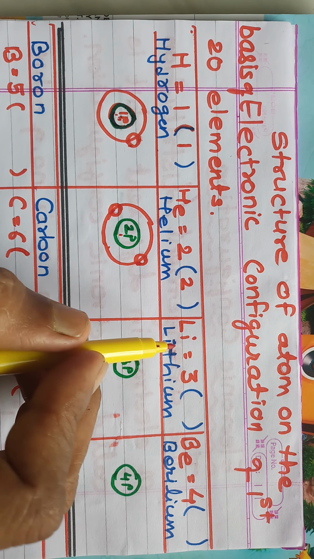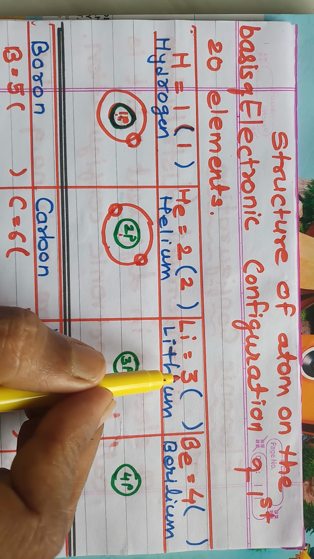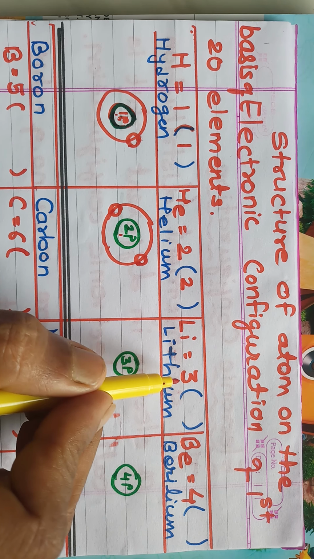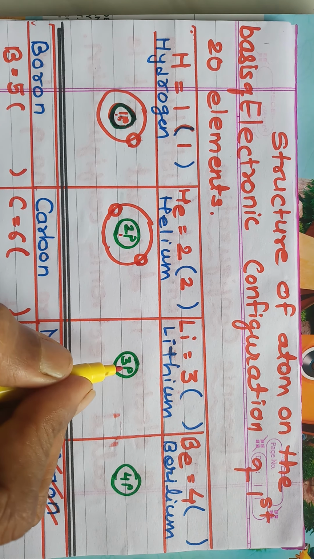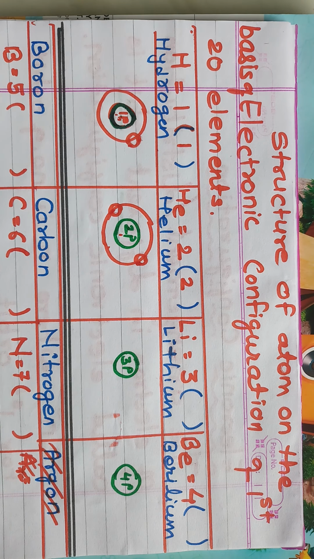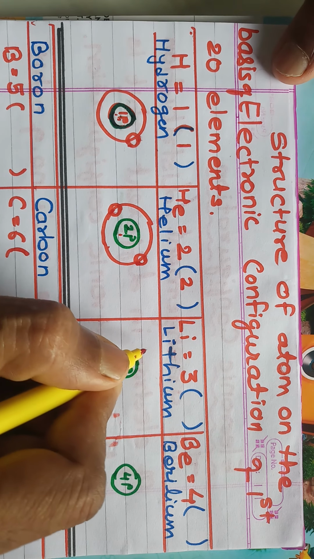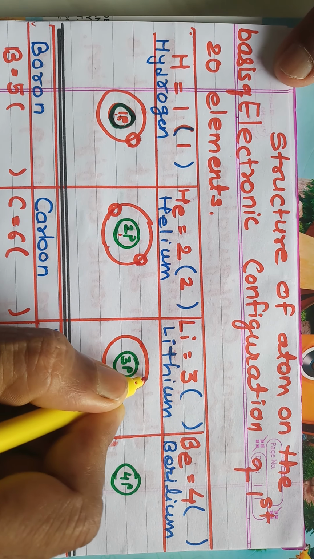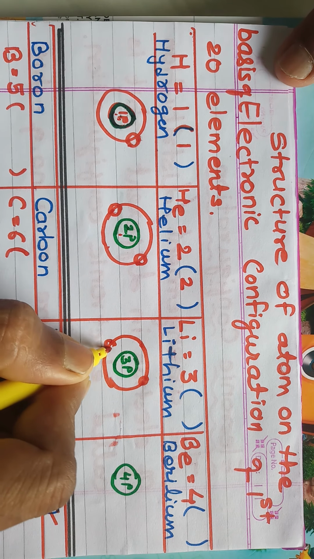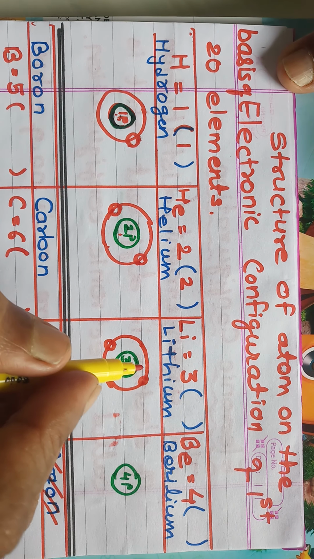Now let's see lithium. Lithium has 3 electrons. This is the nucleus of lithium having 3 protons. Now the capacity of the first orbit is to occupy 2 electrons. So out of 3, 2 electrons are occupied in the first orbit.